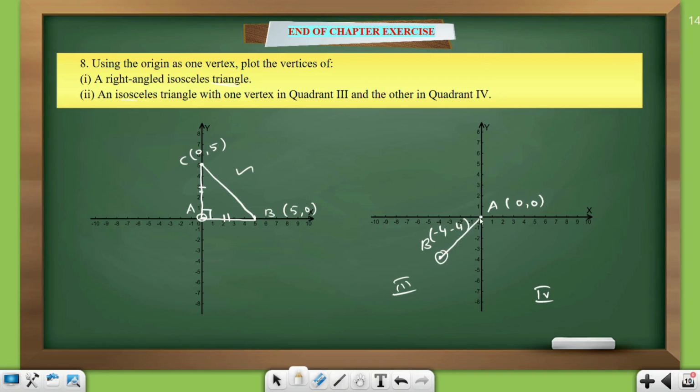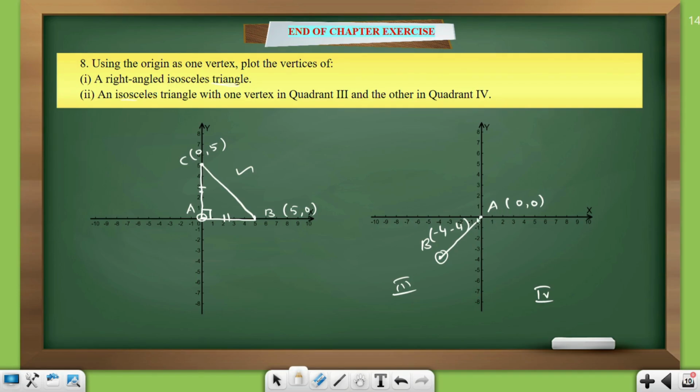Similarly, the distance made by these 2 points can be calculated by using the distance formula, but that is not required here. I can assume that the point is located 4 units on the left hand side and 4 units on the right hand side. Similarly, I am going to select a point from the fourth quadrant which has to be of the same length.